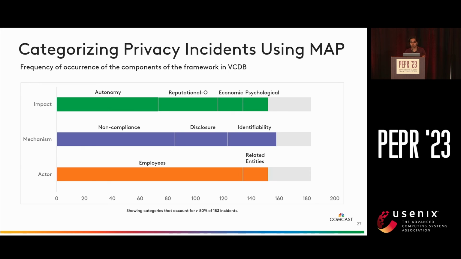The highlighted numbers show the categories that sum up to 80% of the incidents, and if you look at the actor category, employees and related entities form about 80% of the breaches. So they are not malicious actors. Most of the privacy breaches are caused by non-malicious actors. For mechanism, the three most common mechanisms were non-compliance, disclosure, and identifiability, and impact was autonomy harm, so people did not have control over their data, and reputational harm to both the organization and individuals.